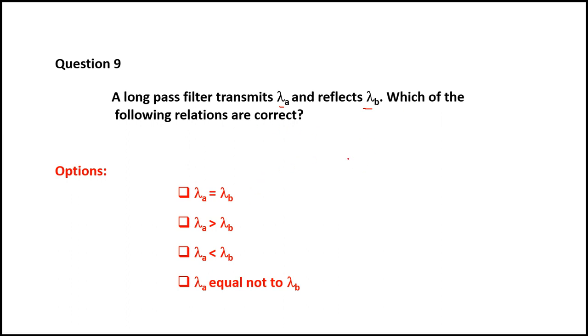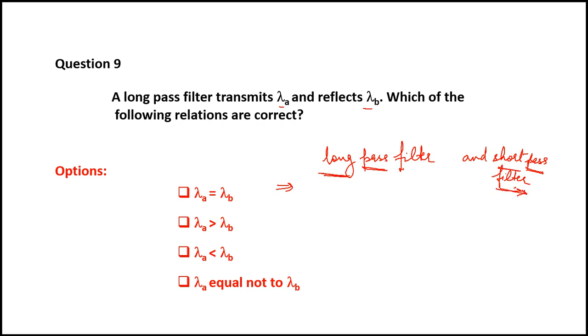Actually, that is why I focused on the names long pass filter and short pass filter. Long pass means something that this filter allows to pass through. Long and short are studied in terms of wavelength, so the property of this filter is studied in terms of wavelength.